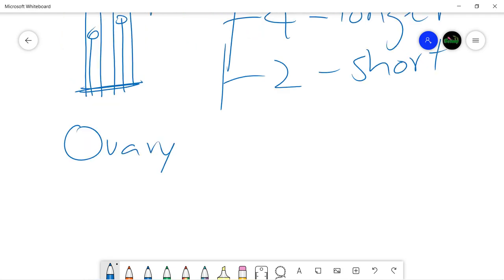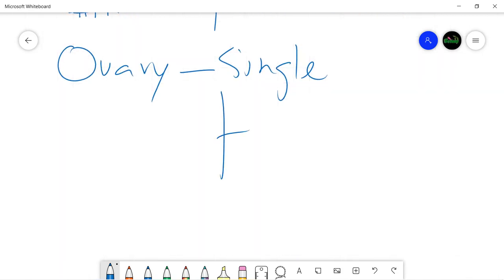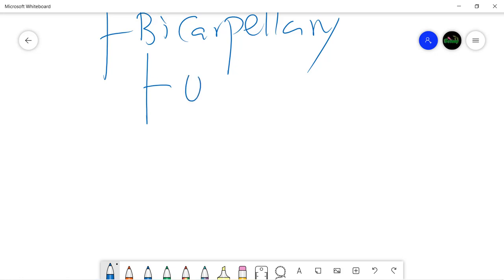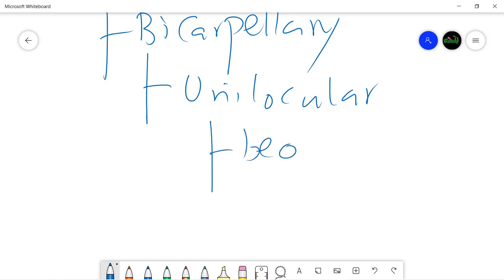Next is the ovary, which, although single, is actually bicarpellary. Just like family Apiaceae, it is also bicarpellary, but it is unilocular. Although the carpel is bicarpellary syncarpous, the ovary is unilocular, and another special characteristic of this family is that later it becomes bilocular.